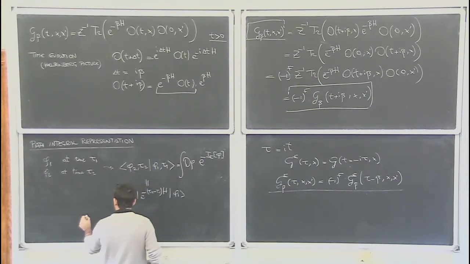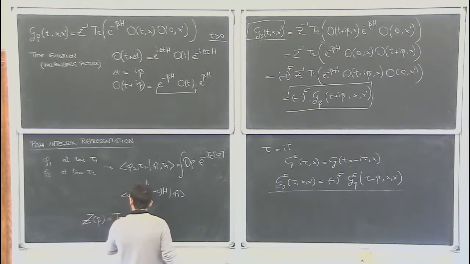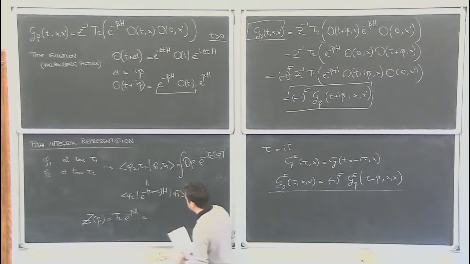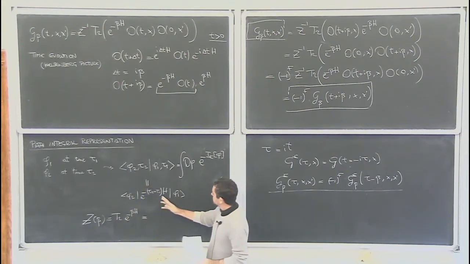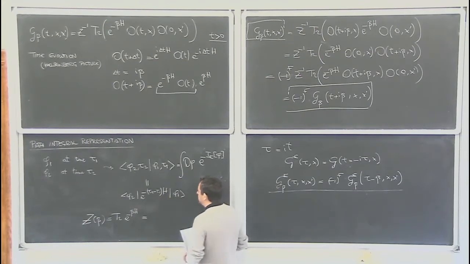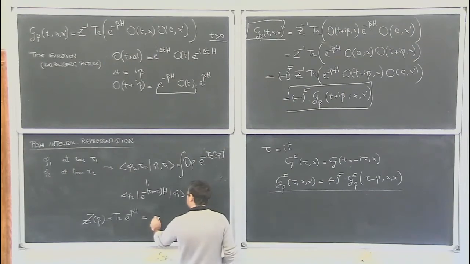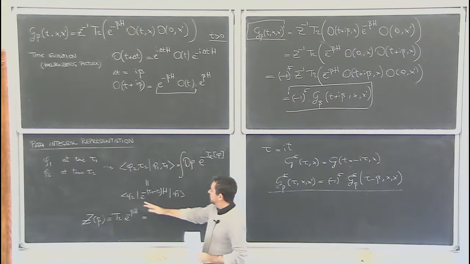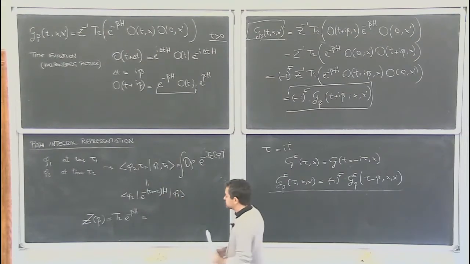The same partition function that we had before, that was the trace of e to the minus beta H, can also be represented as a path integral, because we can start from any time tau, go to tau plus beta, and trace over all the possible boundary conditions.